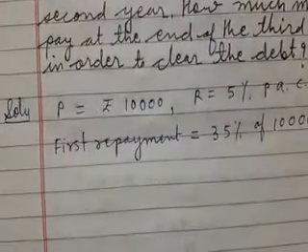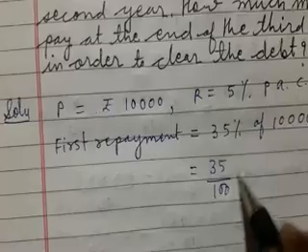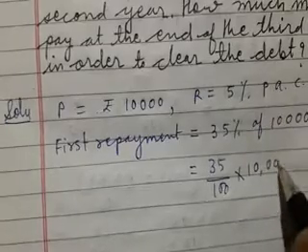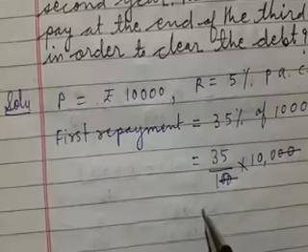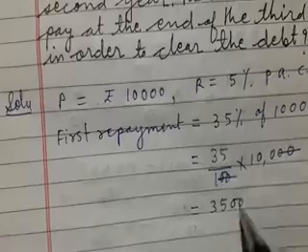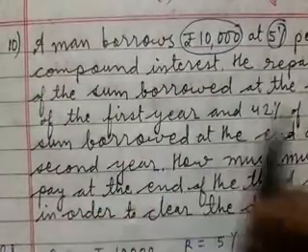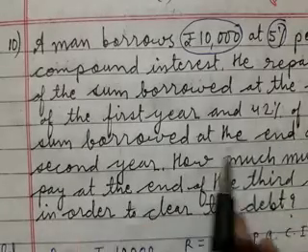If you simplify this, you will get 35 upon 100 into 10,000. So you cut it. That means he is repaying 3,500 as the first repayment at the end of the first year.